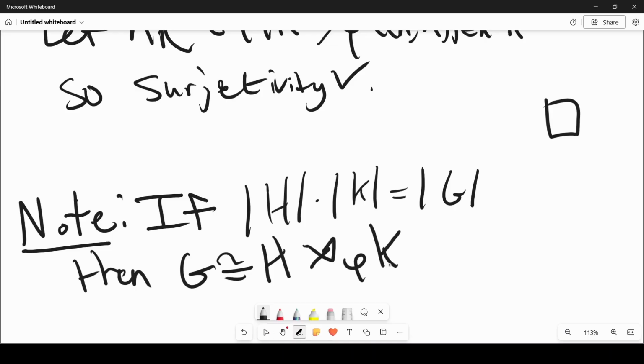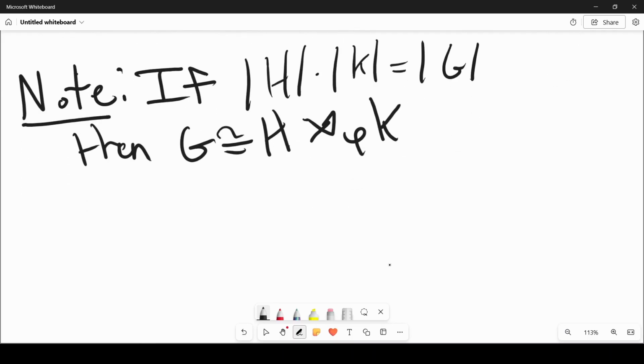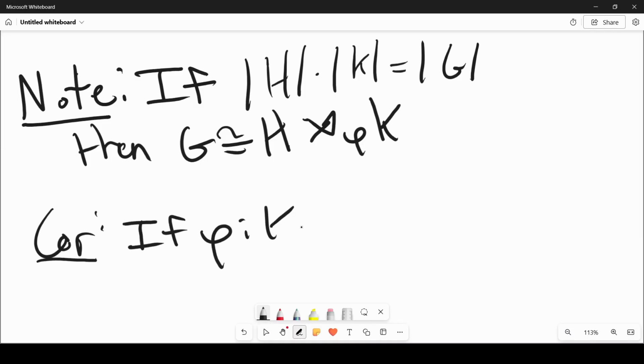Okay. Now let's do a quick corollary, looking at this map φ from K into the automorphisms of H. So the question is what happens when this map is trivial?